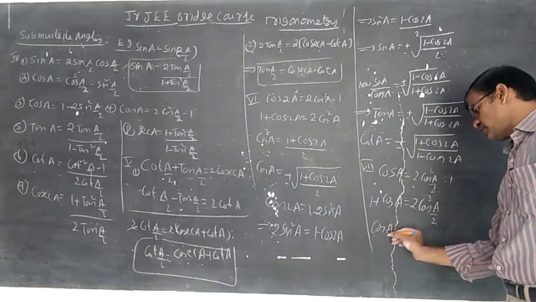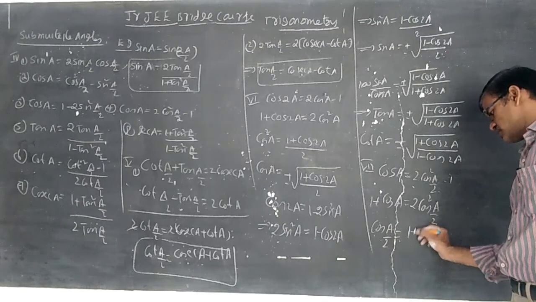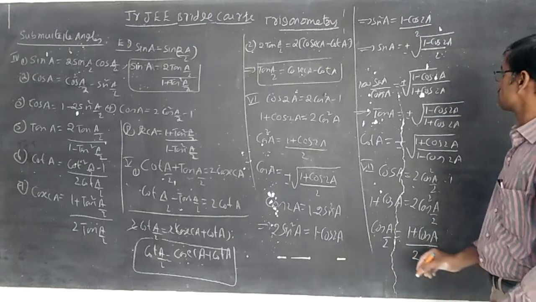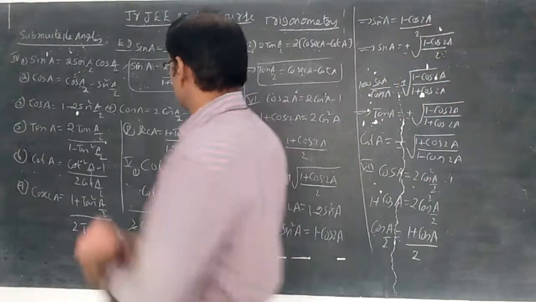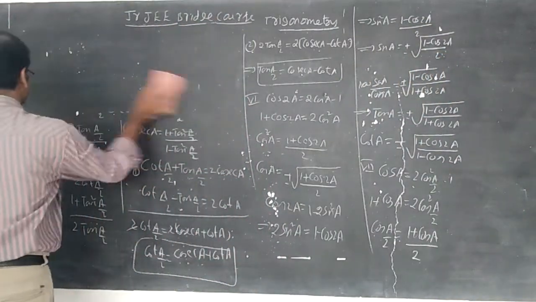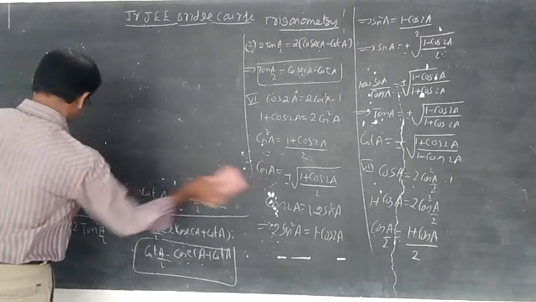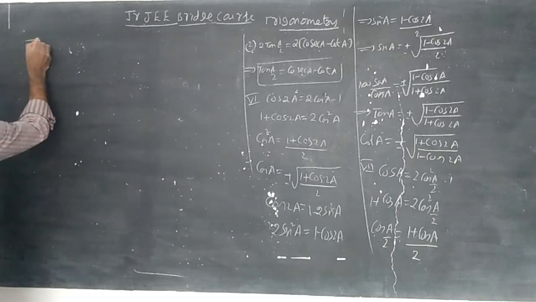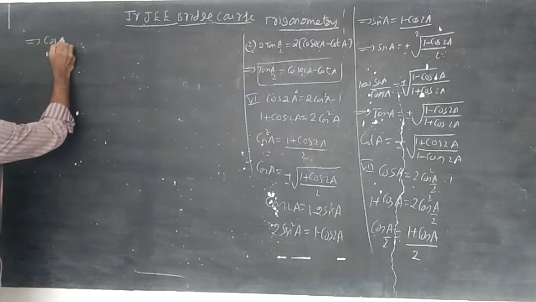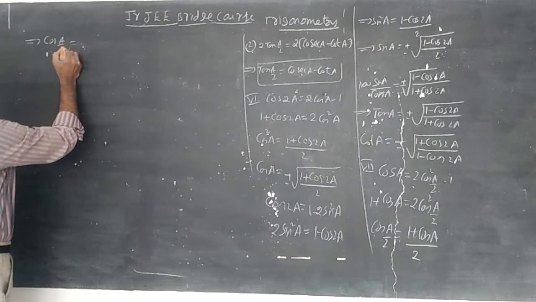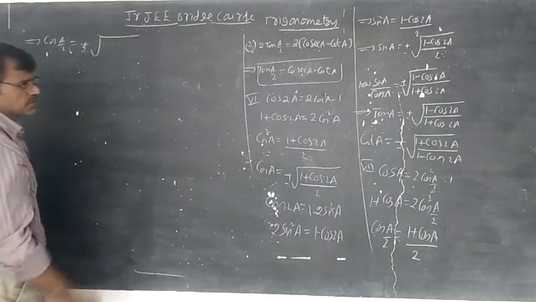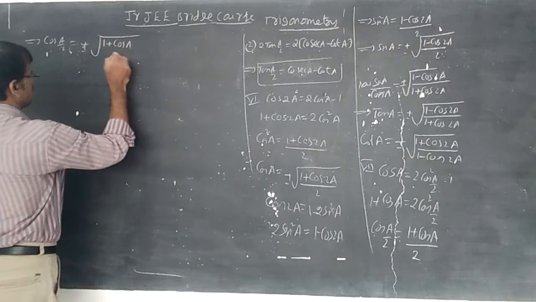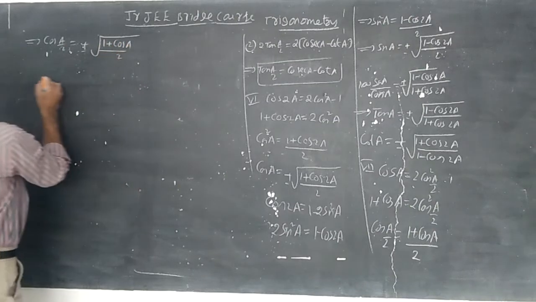Cos square A by 2 is equal to 1 plus cos A by 2. So, next step I am writing, cos A by 2 is equal to plus or minus root of 1 plus cos A whole by 2.